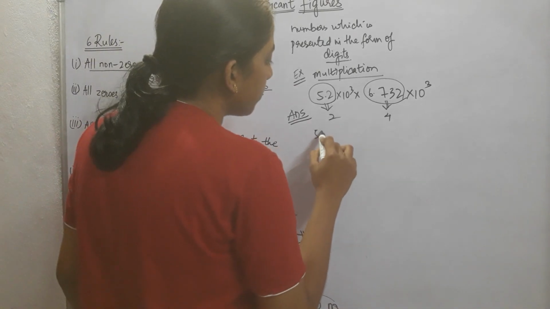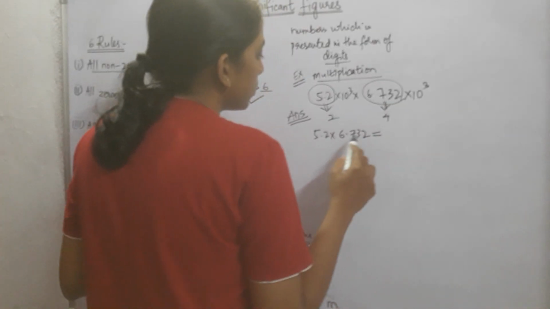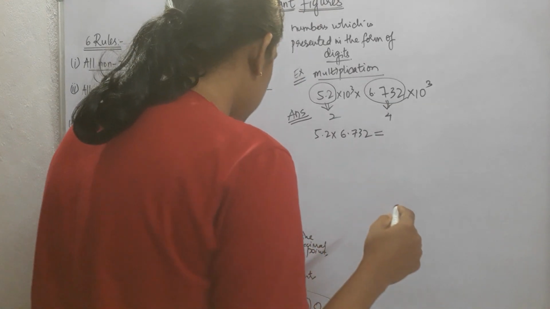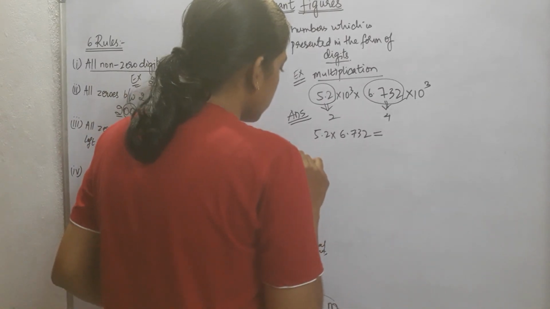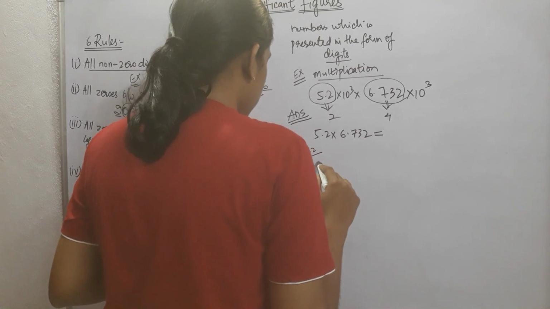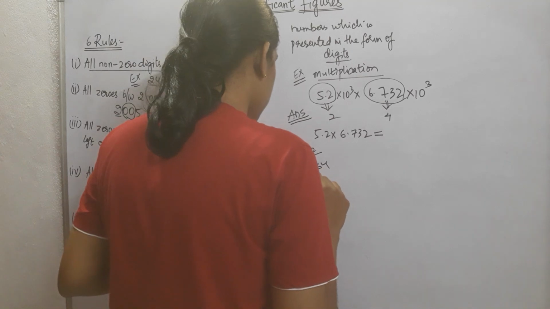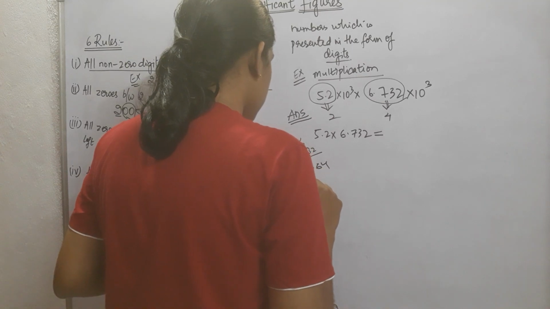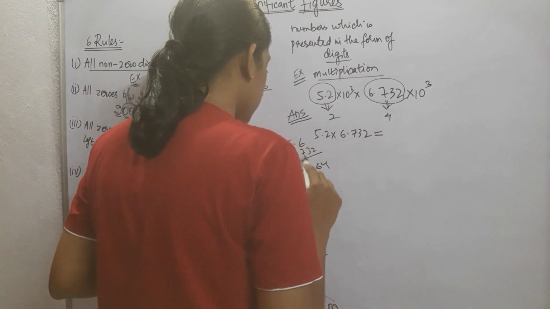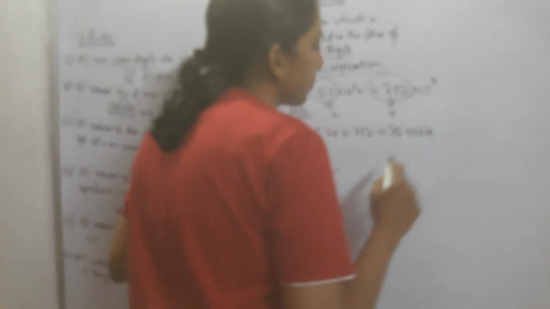So first we have to multiply 5.2 into 6.732. So how much would that be? It is 35.0064.